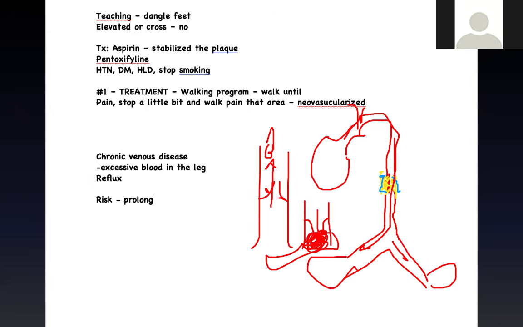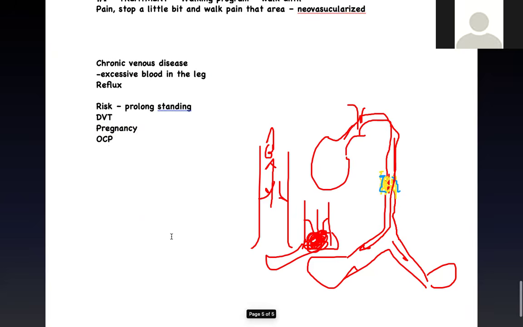If you stand for a long time, if you have DVT, if you're pregnant, or you take oral contraception, sorry, oral contraception, these will cause DVT and it puts you at risk for chronic venous disease. Know these things: prolonged standing, DVT, pregnancy, and like in nurses, right, who stand for a long time, who have this problem.